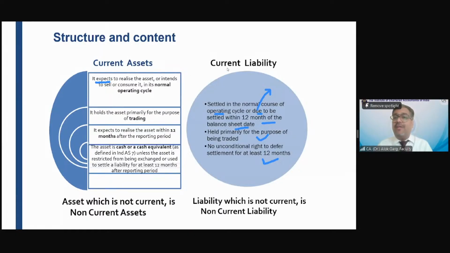Shweta is saying non-current. What is your answer? Whether this liability is considered as current or non-current. Non-current liability.